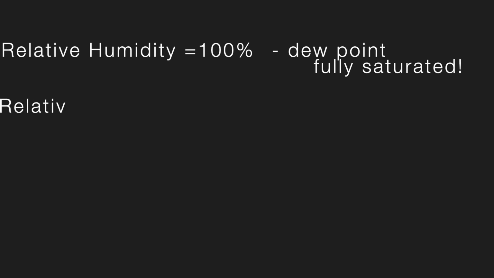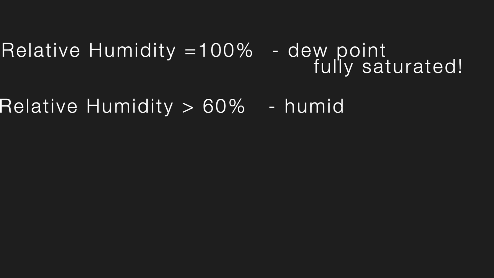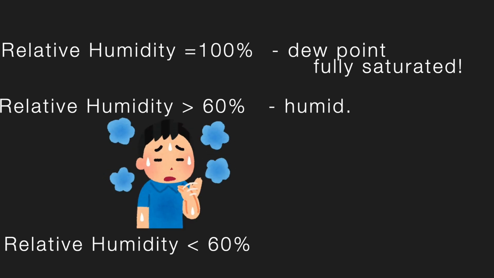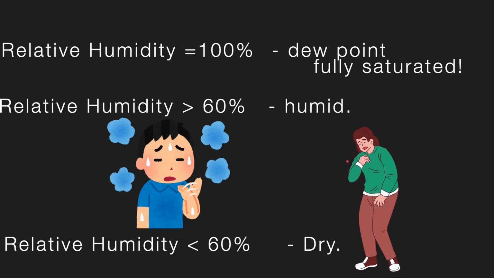When the relative humidity is 100%, the air is at its dew point and it's fully saturated. If it's more than 60%, we feel the air as humid. We start sweating. If it is less than 60%, we say the air feels dry. Our throat starts feeling dry.